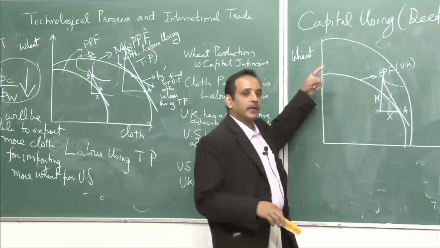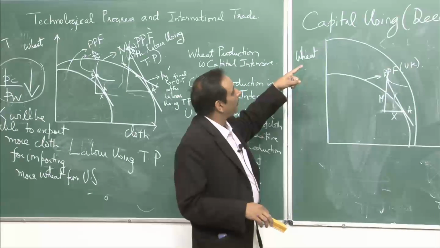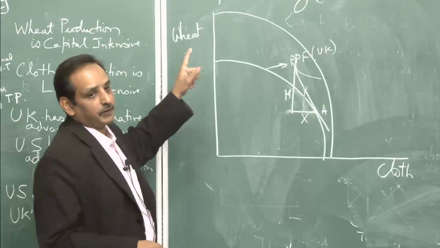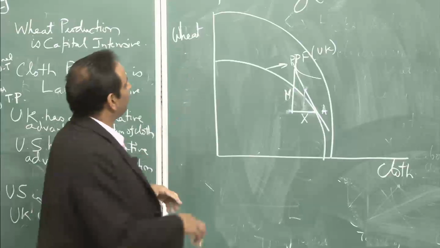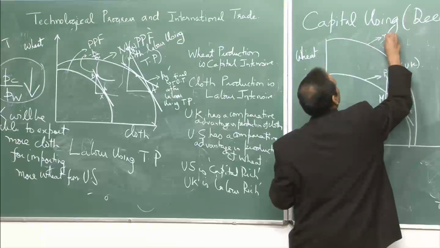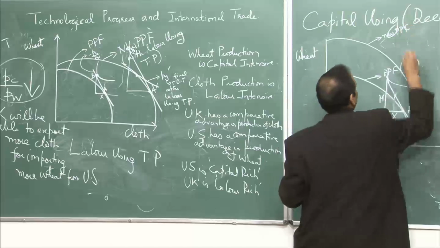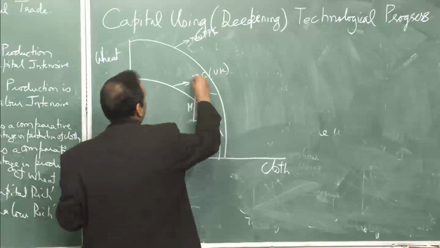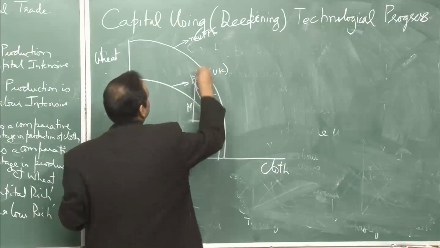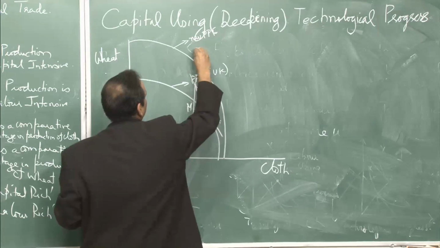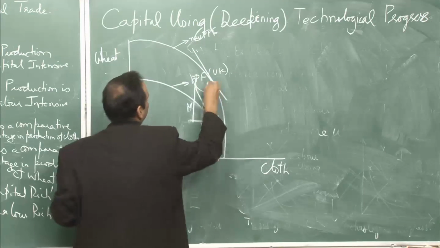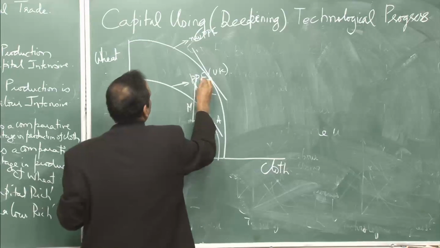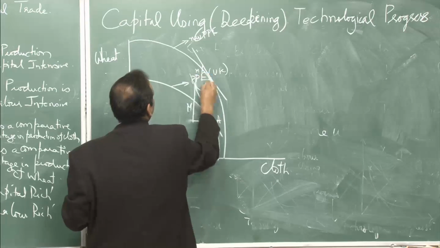Now, this is UK. Technological progress takes place leading to an increase in the commodity in which it does not have a comparative advantage. Okay. So, this is the new PPF. So, at the same relative prices, you are exporting this much, you are importing this much.